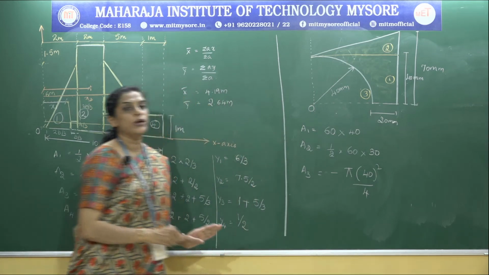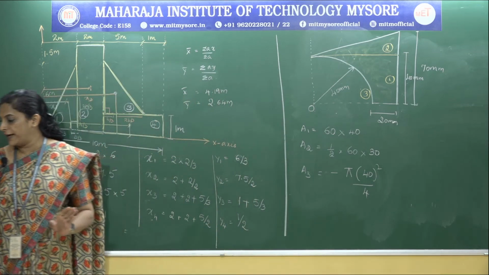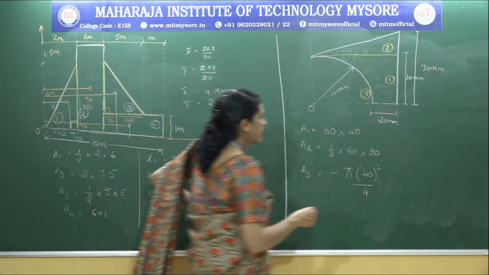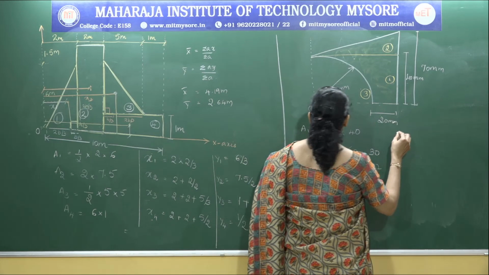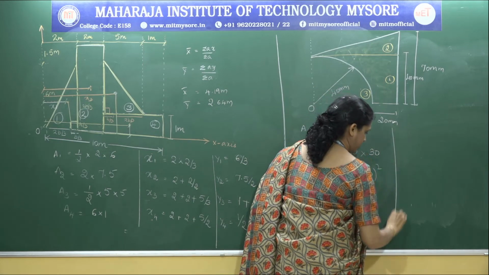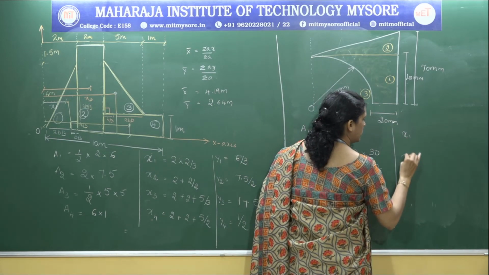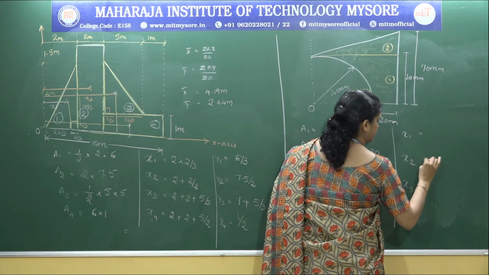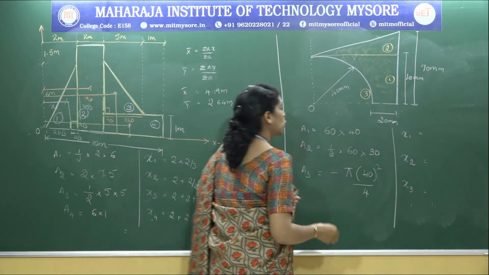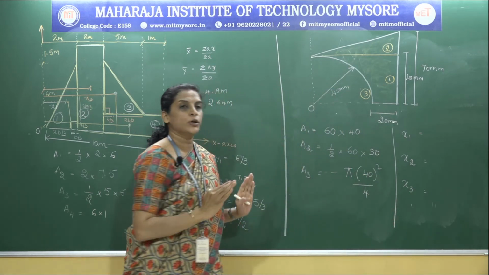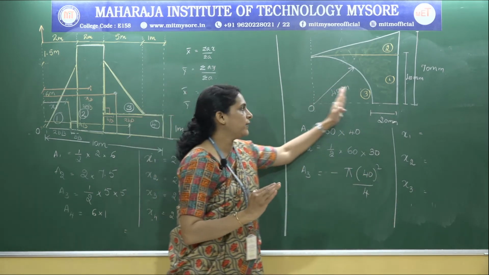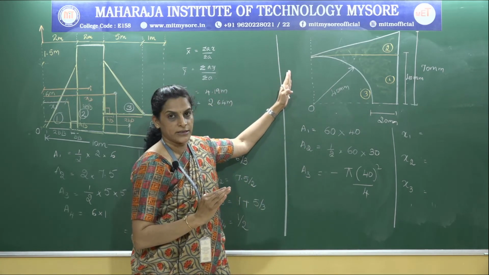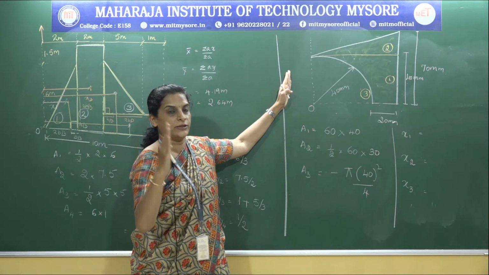So now moving on to finding out the x bar and y bar. So x1, x2 and x3. So to find out all the coordinates for the individual sections, we consider y as the reference axis to find out x1, 2 and 3.